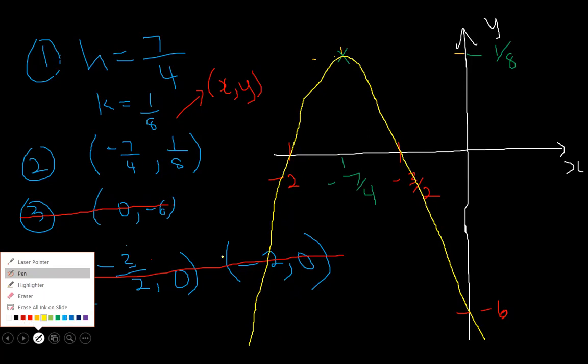Miss, what do you call this graph? Minimum, Miss. I always mix up minimum with maximum. I think minimum is positive, and maximum is negative.